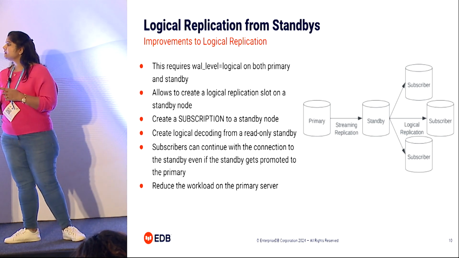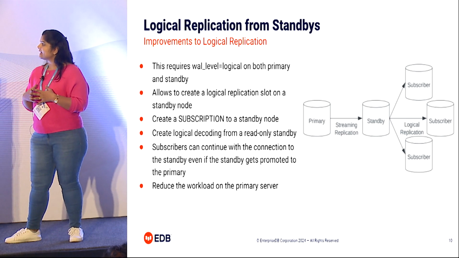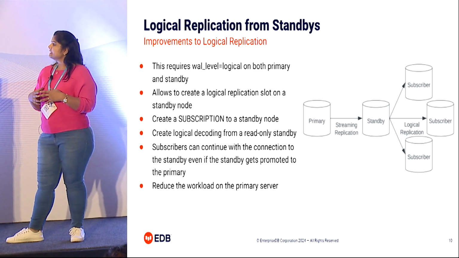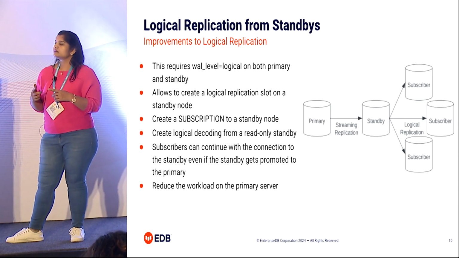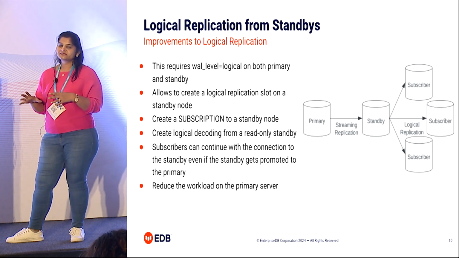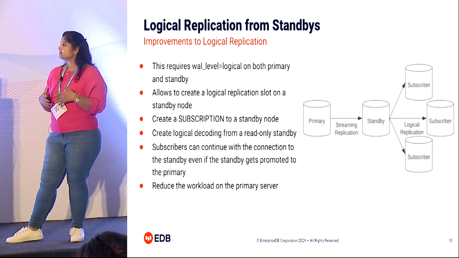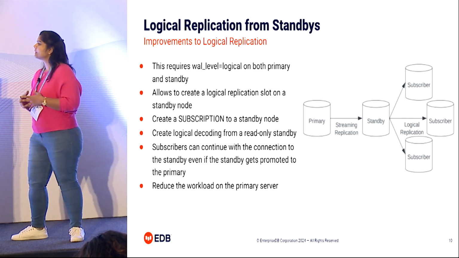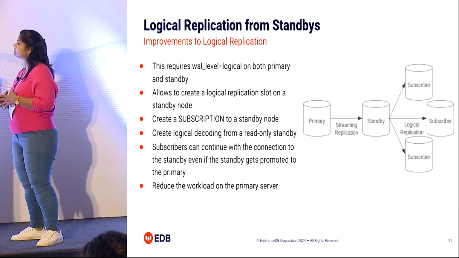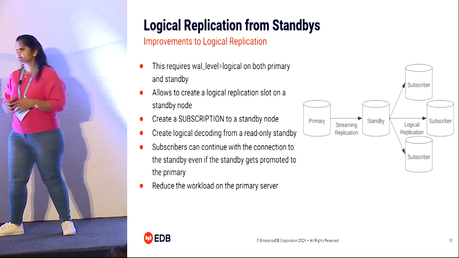One highlight here is that even when the standby is promoted to primary, the connection can remain as is, and the subscribers can continue receiving the data from the newly promoted primary node. And this is expected to reduce the load on the primary server.